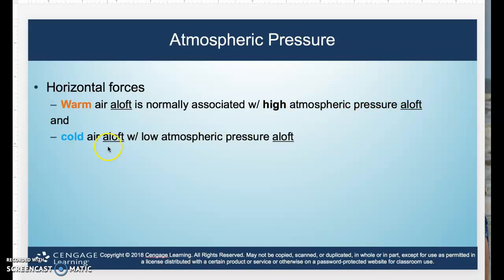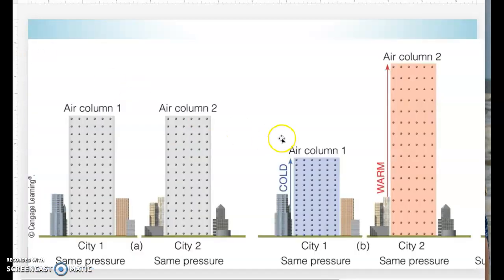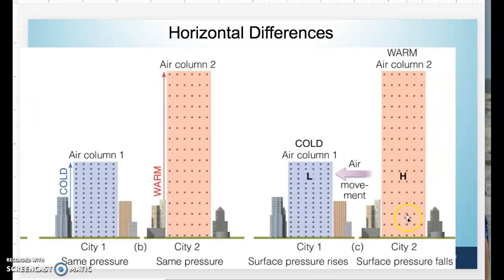And cold air aloft is associated with low atmospheric pressure aloft. I want to go back there again. Low pressure, cold air. This area of warm air has higher pressure aloft. Let's look at it this way. Okay, higher pressure aloft at this area. There's low pressure above this area as well.